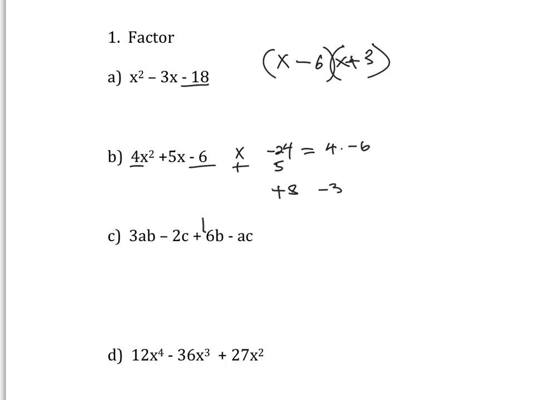So here what we do is we take this middle term 5x and we split it into 8x and negative 3x. We still have our 4x squared and we still have our negative 6. So again, these two still add up to 5x, so we haven't changed the value, we've just changed the form.